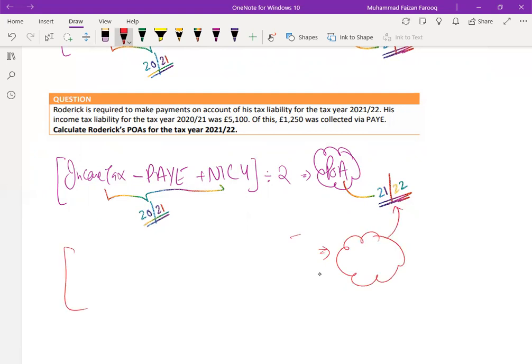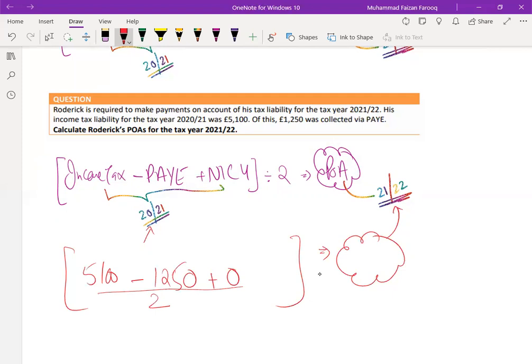So you have to use the data for the previous year. What is the income tax? His income tax liability is 5,100. What is my PAYE? 1,200. Any class 4? Not mentioned.